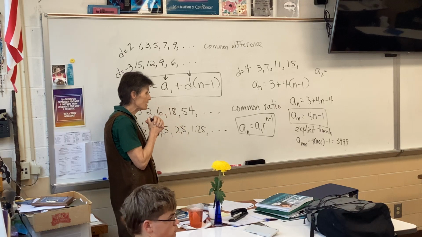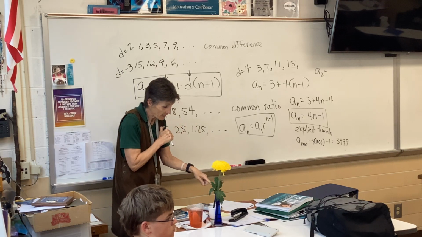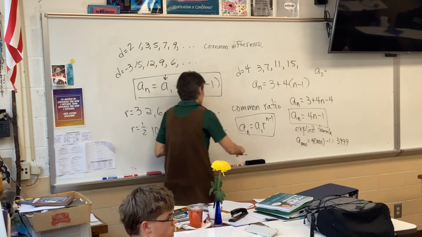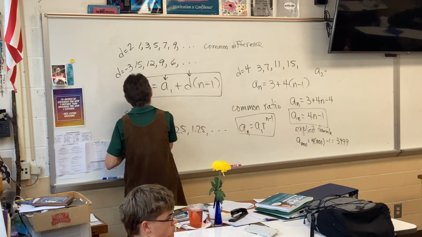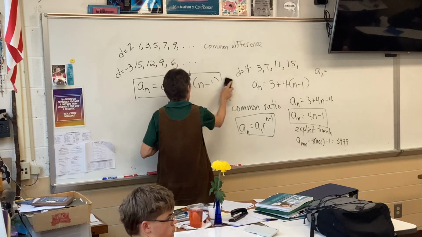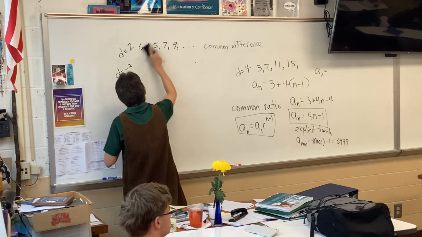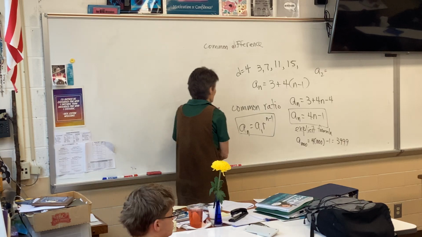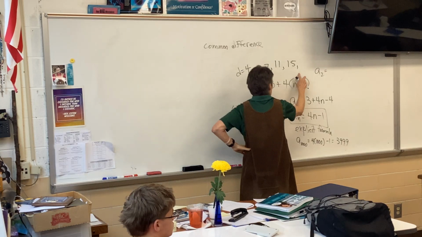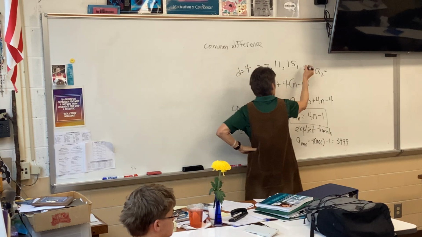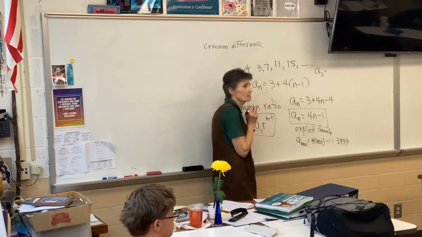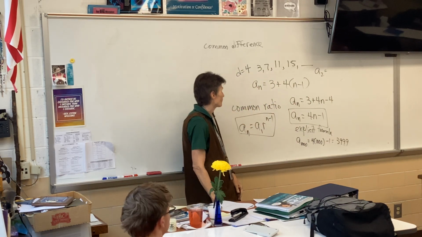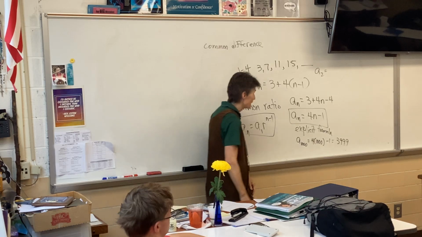Now that is different than a recursive formula. A recursive formula says, how do I get the very next term? So if you look at the sequence they gave you, what would you tell me the next term is? 19, thank you.